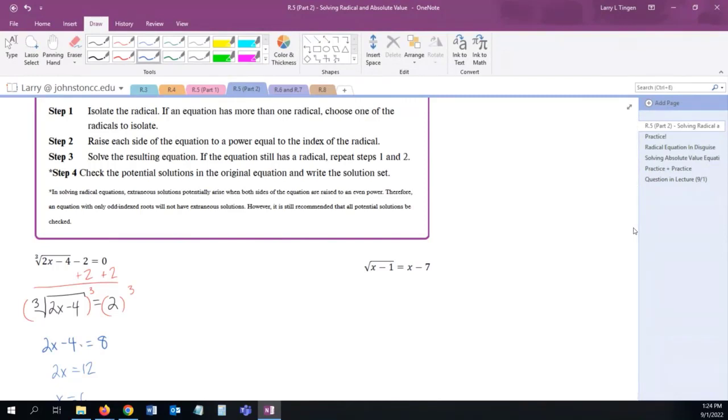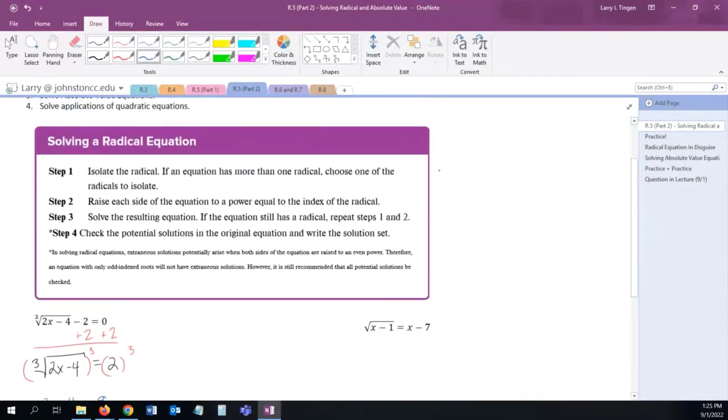The easy steps to remember are to isolate, exponentiate, and this is a little fancy, T-I-A-T-E, and liberate.